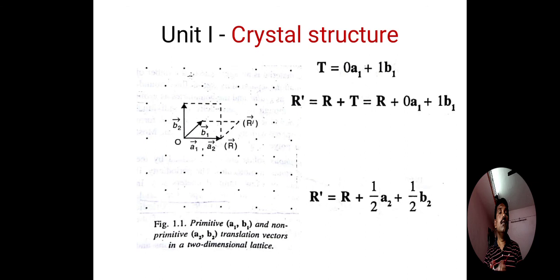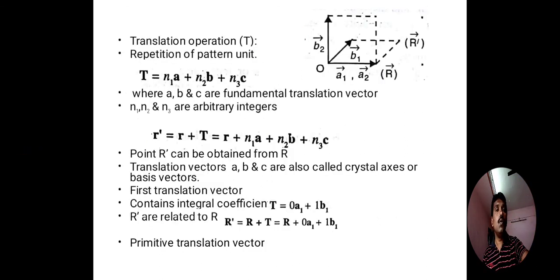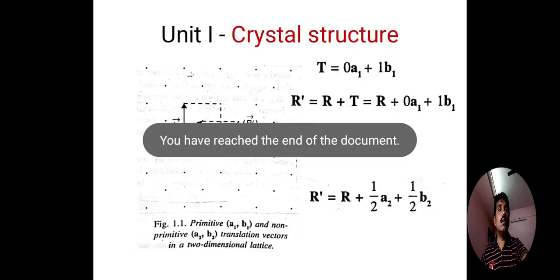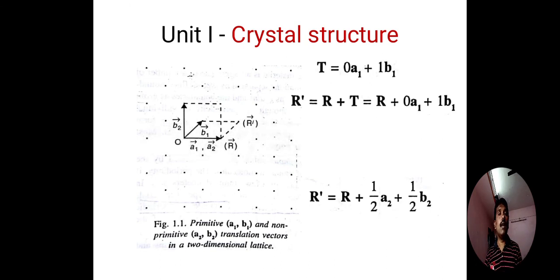According to that, the translation vectors are differentiated into two parts, the primitive and the non-primitive case.